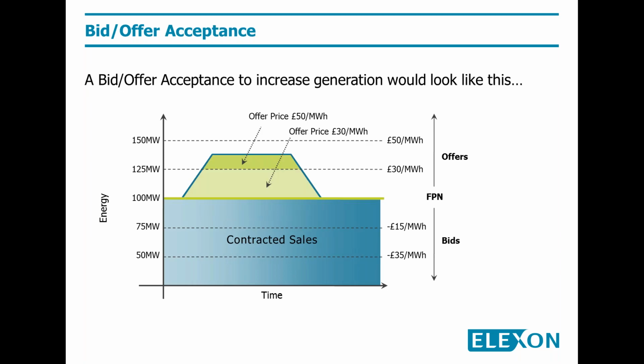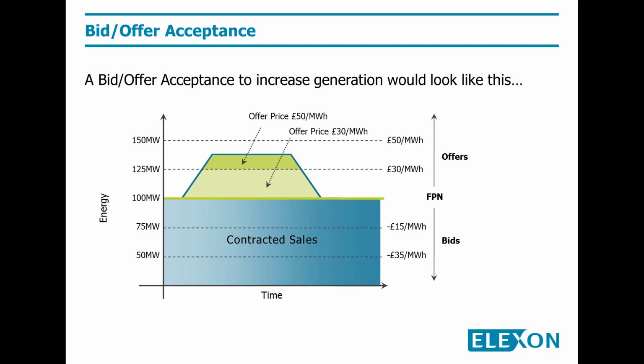So if we assume that National Grid have called them and asked them to increase their generation, so they have had an offer accepted, they've asked them to move up to 140 megawatt hours. So this particular party will receive £30 for the first 25 megawatts of that period, and then £50 for the additional 15 megawatts for that period, for however long the offer has been called for.